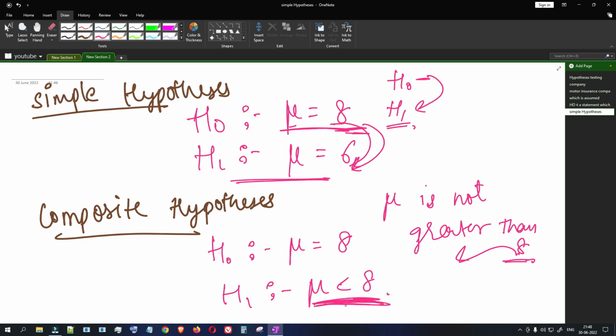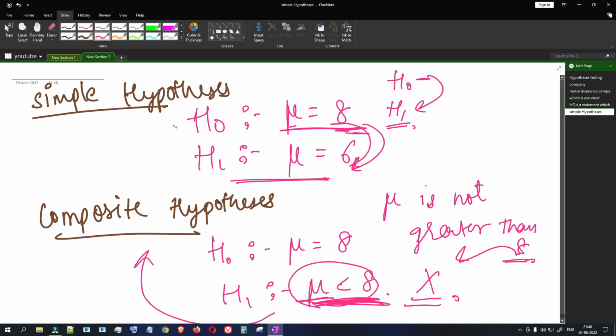This range has no lower bound in it. Although you may know that if all the x's are true, then the mu would also be positive itself. But here is the range available, so what we call it is the composite hypothesis. And if we are sure about both the hypotheses, then it's the simple hypothesis.